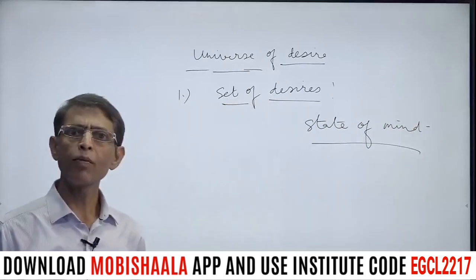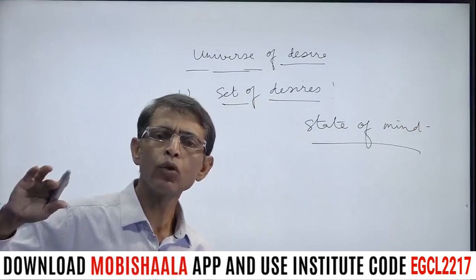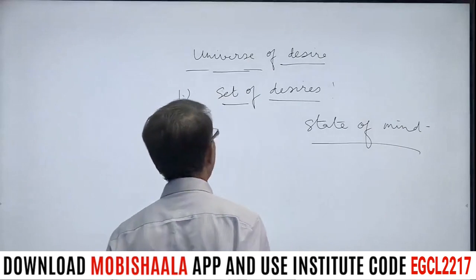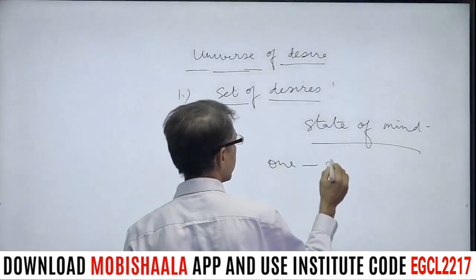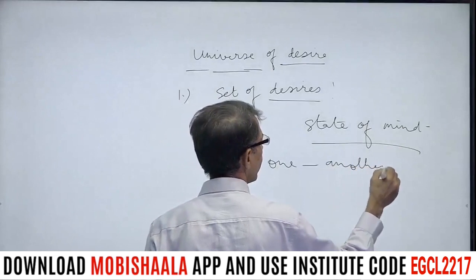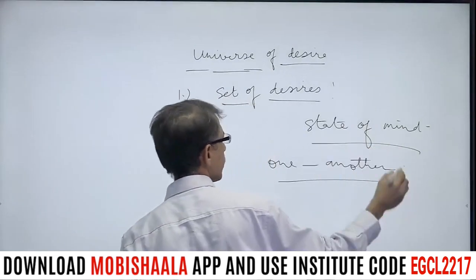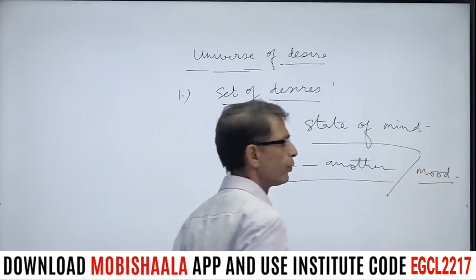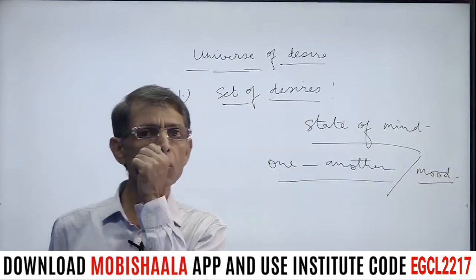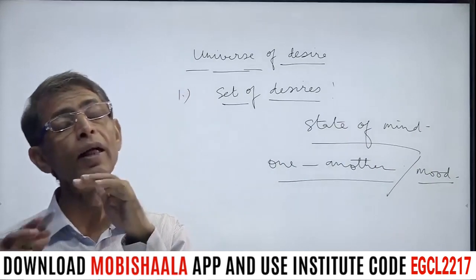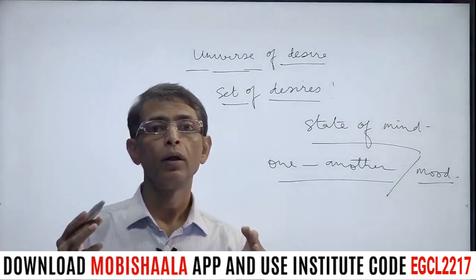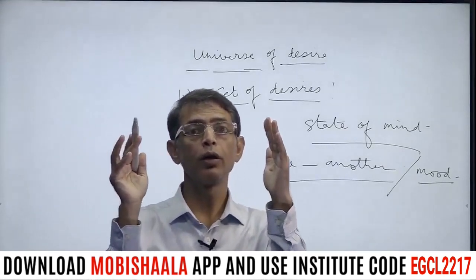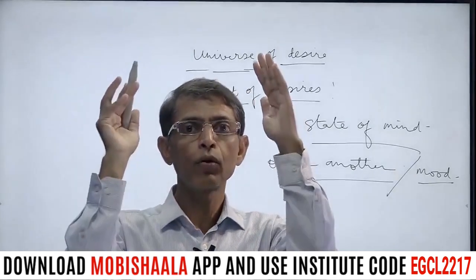When his state of mind changes, he switches from one inverse to another, according to his mood. State of mind means mood. So when his mood changes, he goes from one inverse of desire to another, and then he lives in another inverse of desire. He imagines so many things concerning that particular object or that particular end.